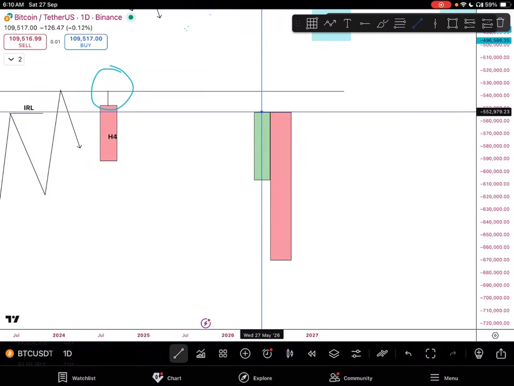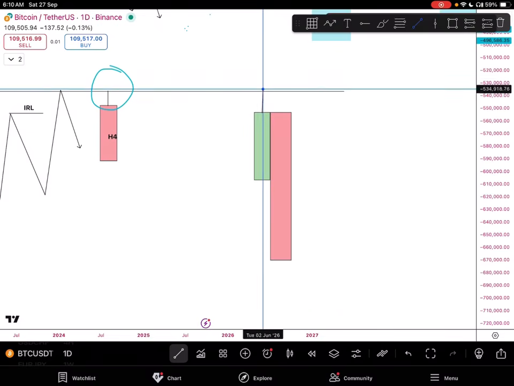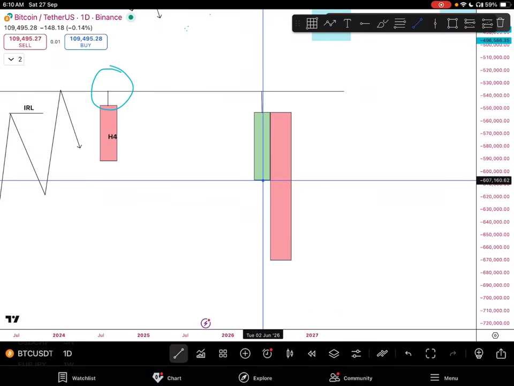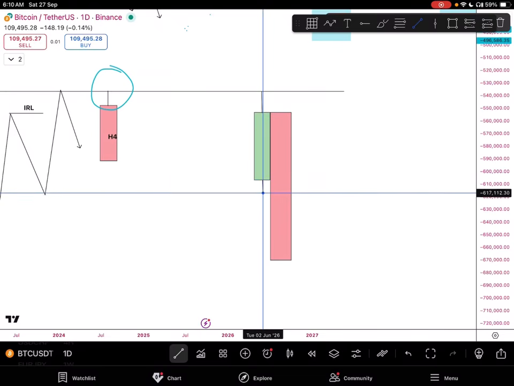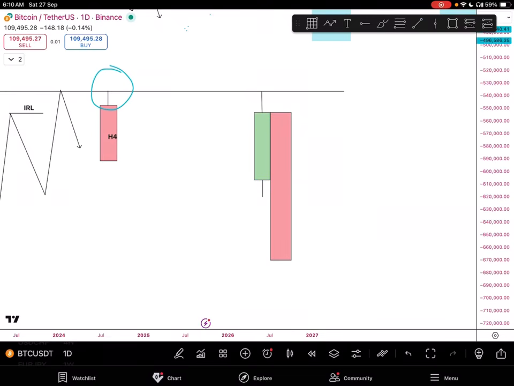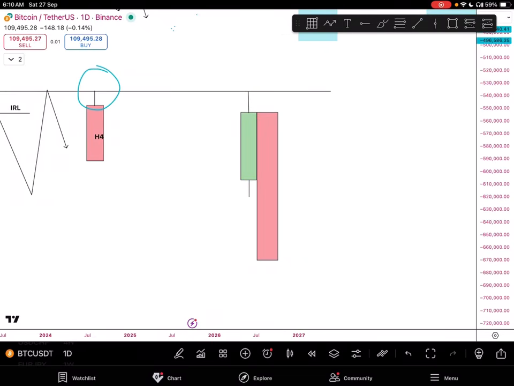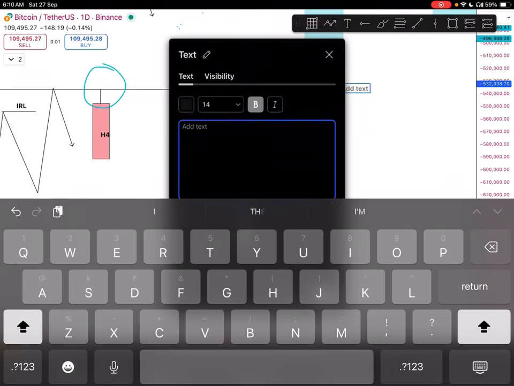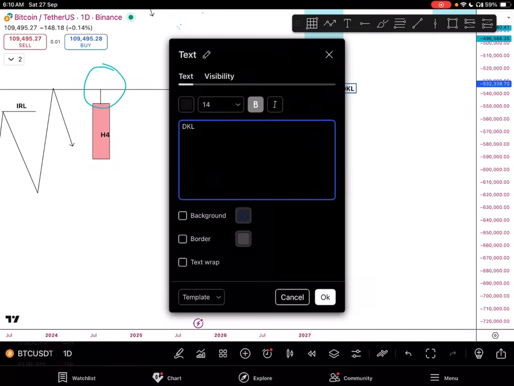So I need to see a formation like this, an engulfing formation, after reaching the key level on the H4 time frame. Okay, you can understand what I told you. This line is the daily key level.